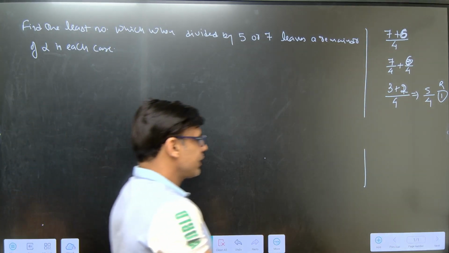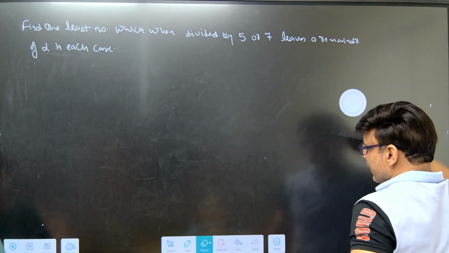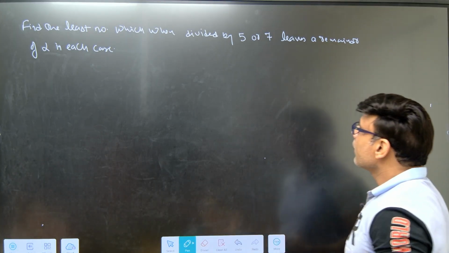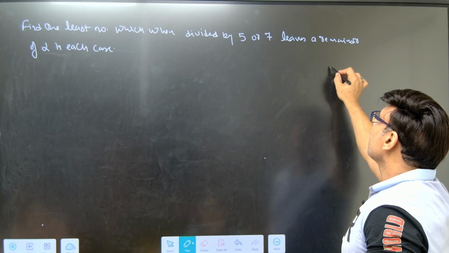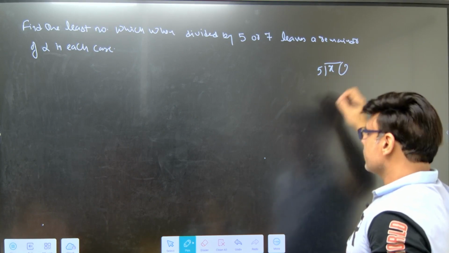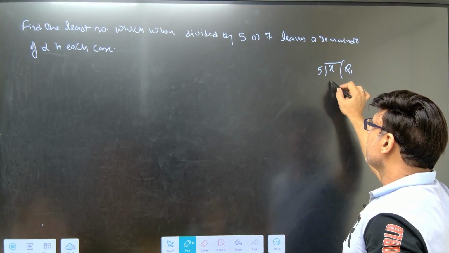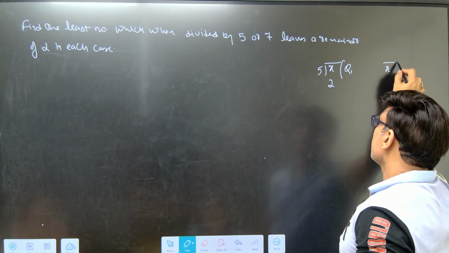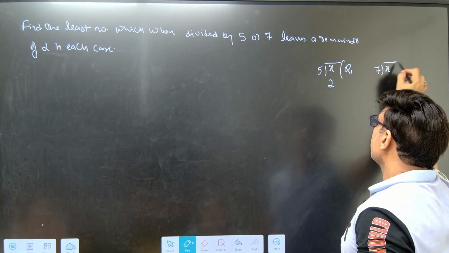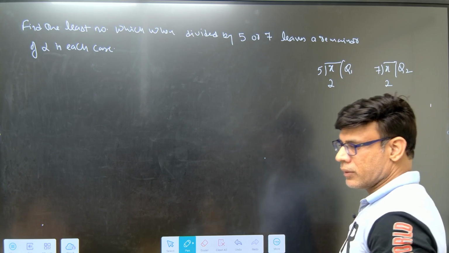See, what is the concept trying to tell you? There is a number, let's say x, which when divided by 5 gives some quotient q1 and remainder 2, and the same number x when divided by 7 gives some quotient q2 and remainder 2.